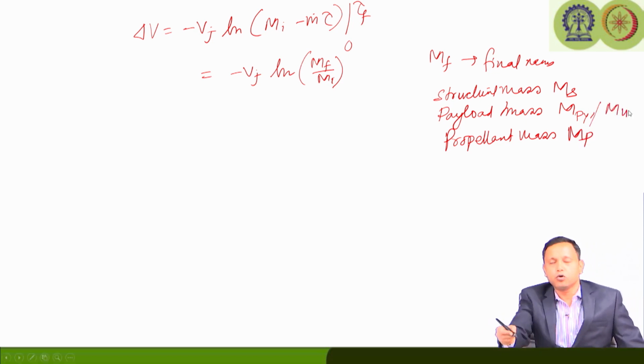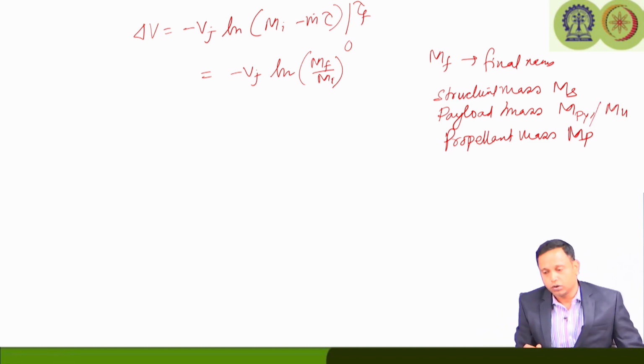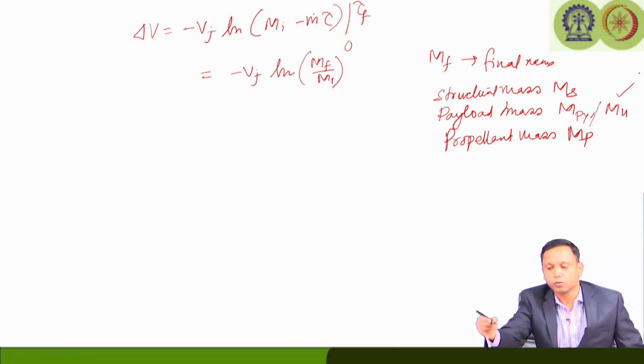Useful mass means the amount of mass we are carrying as payload. So, we can refer to mu as well in order to be consistent with the referred textbook.